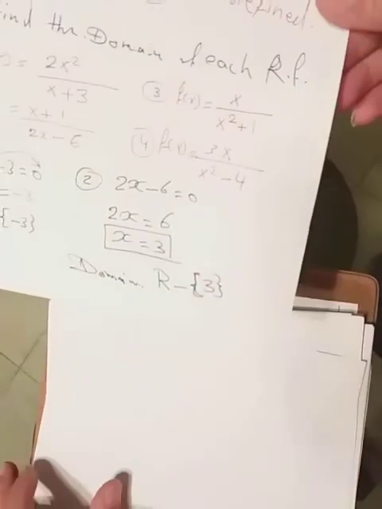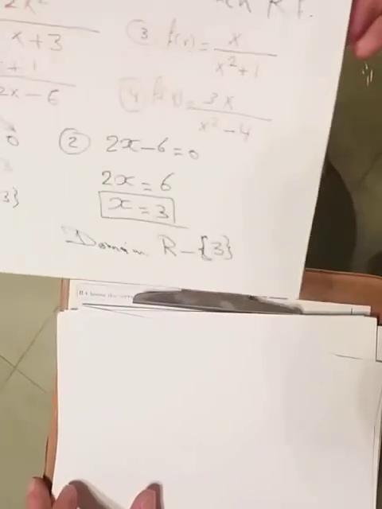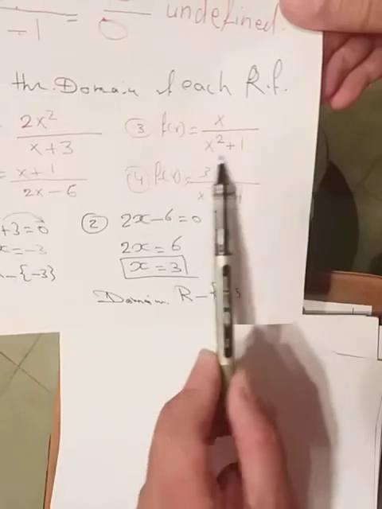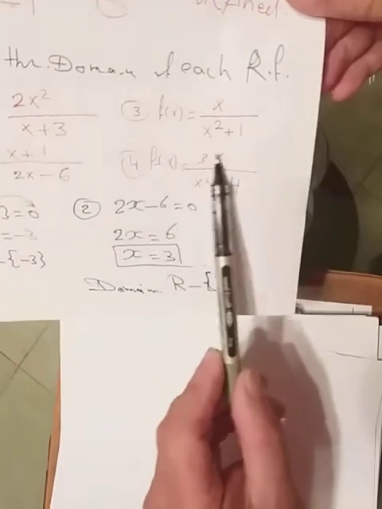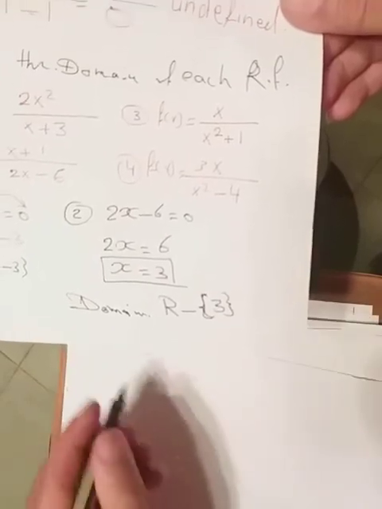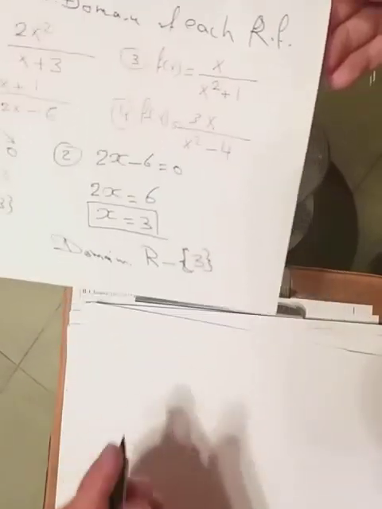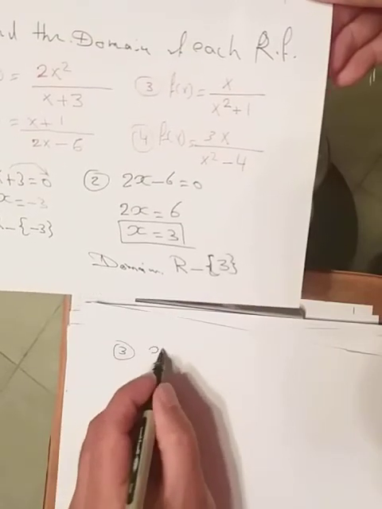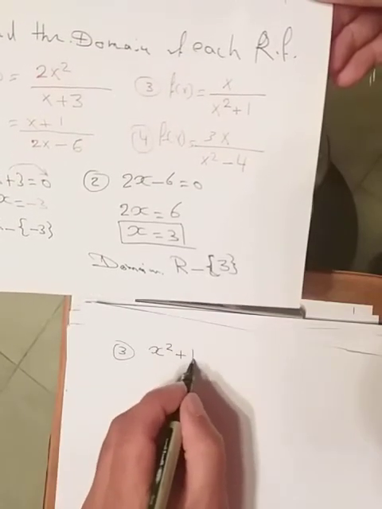This is the domain of the second one. What about the third one and the fourth? Number 3: what's the domain? x squared plus 1. We care about the denominator only.